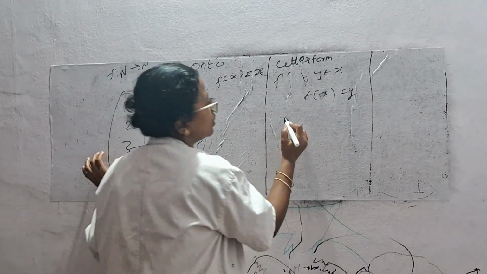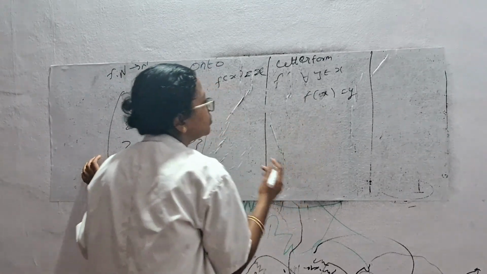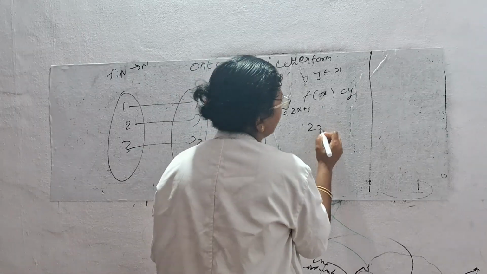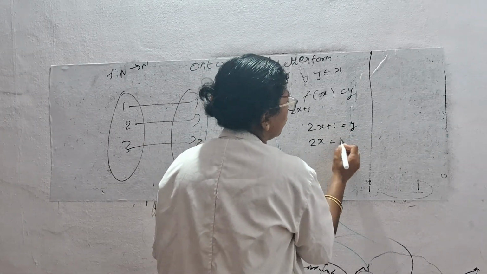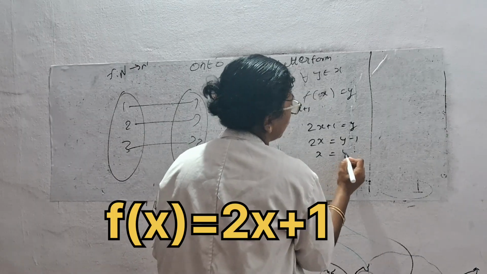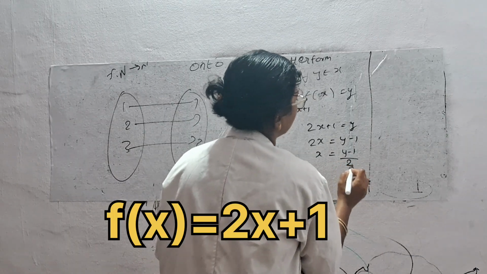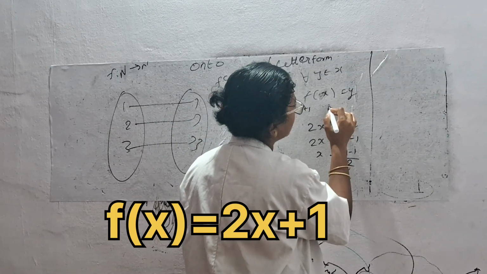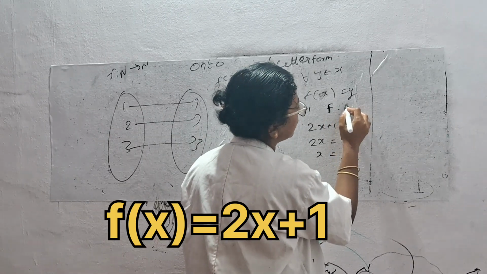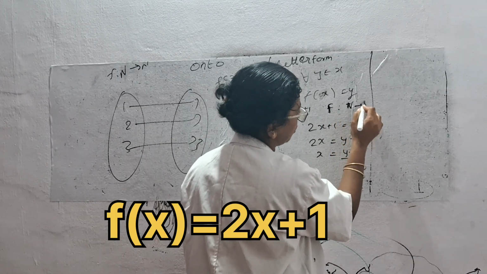If I am taking f of x equal to 2x plus 1, then 2x plus 1 is equal to y. 2x is equal to y minus 1, x is equal to y minus 1 by 2. f is mapped from natural numbers to natural numbers.